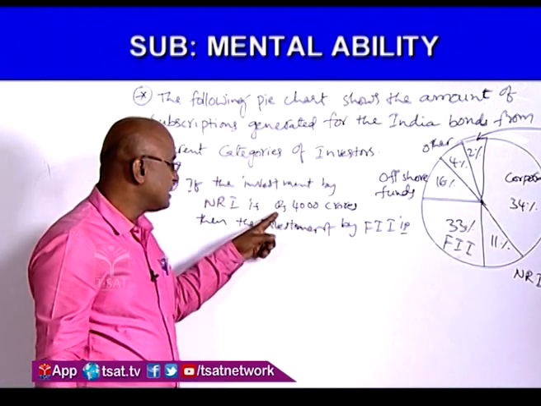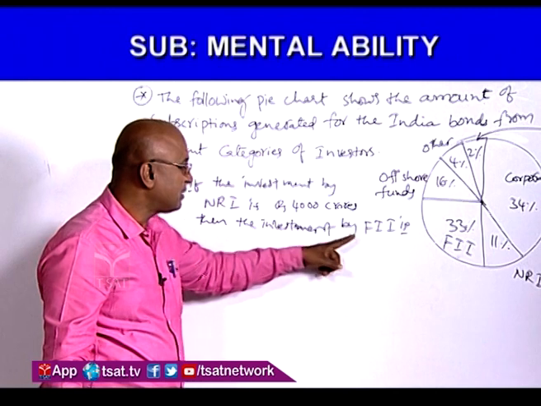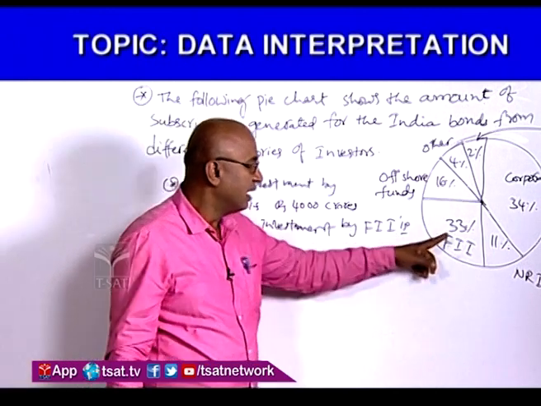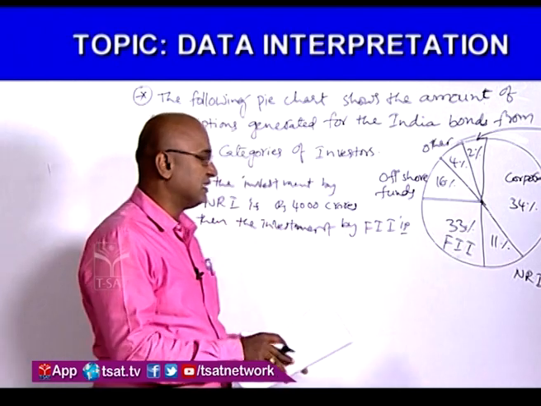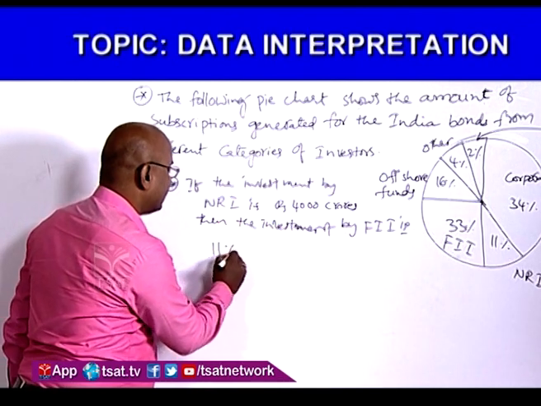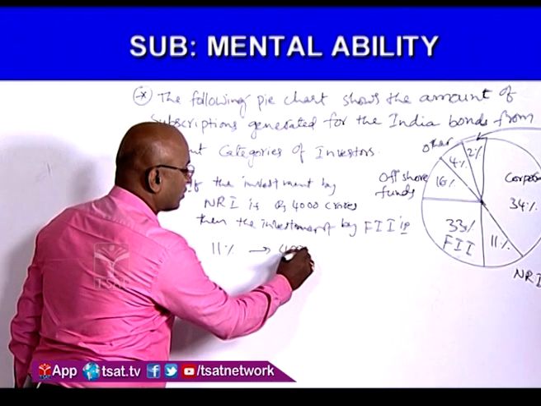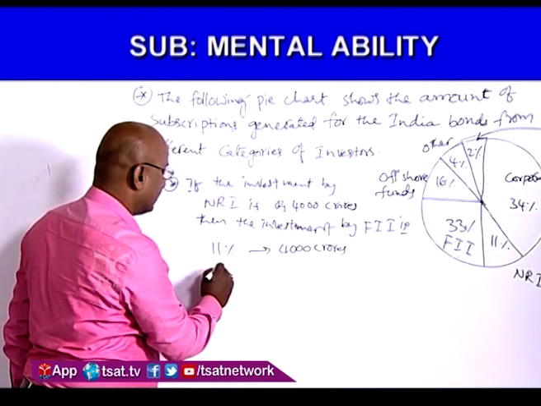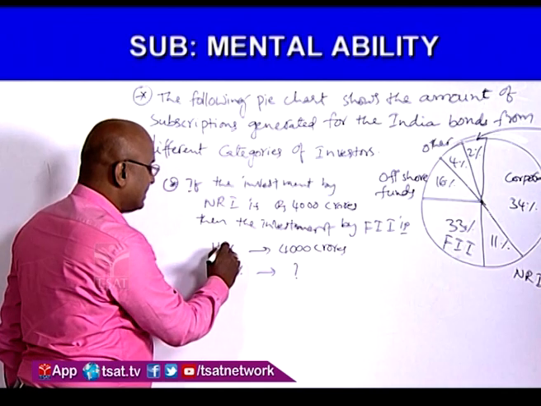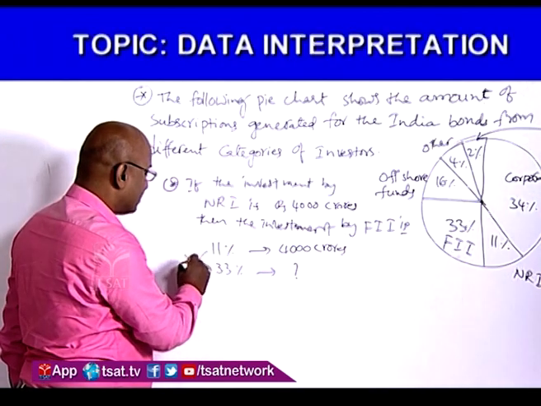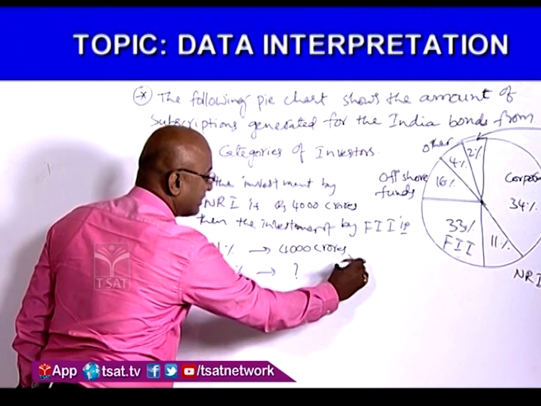If 11% is 4,000 crores, then the investment by FII, whose share is 33%, how to calculate this? If 11% is equal to 4,000 crores rupees, then 33% is how much? It is increased 3 times, so similarly it also has to be increased 3 times.